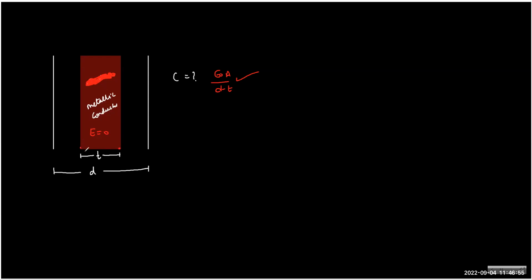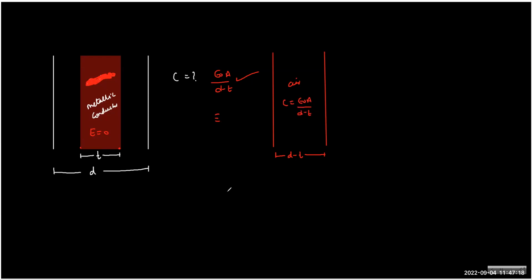It's like short circuiting the gap. So it is equivalent to a parallel plate capacitor with only the gap d minus t with air. The answer is that d is replaced by d minus t. I hope this is clear.